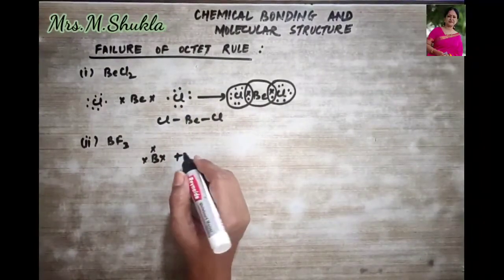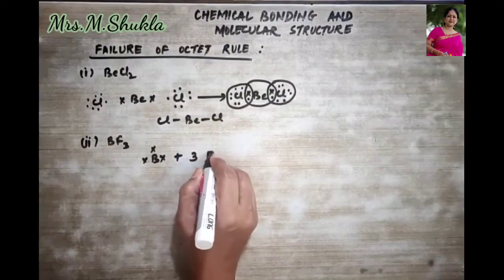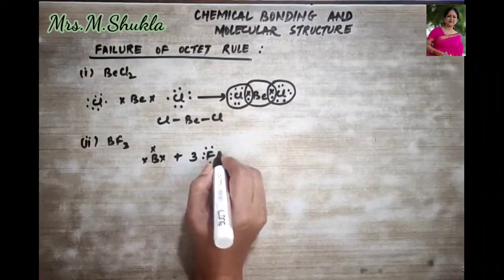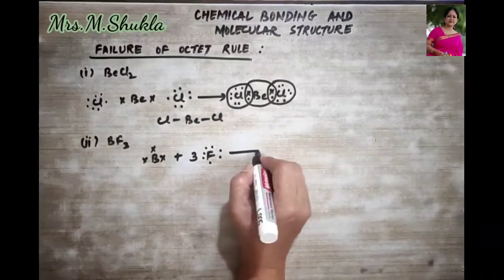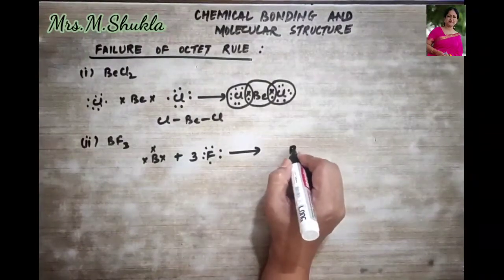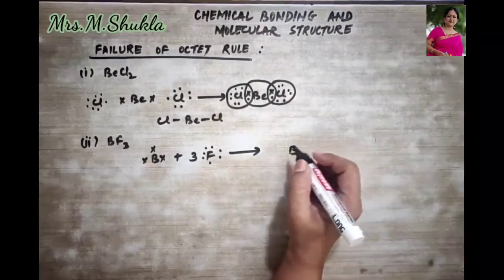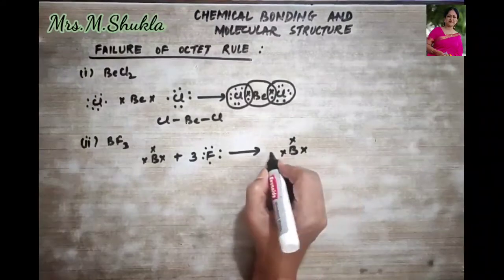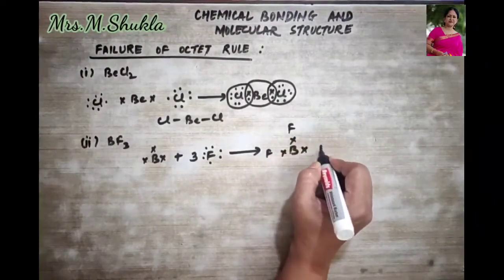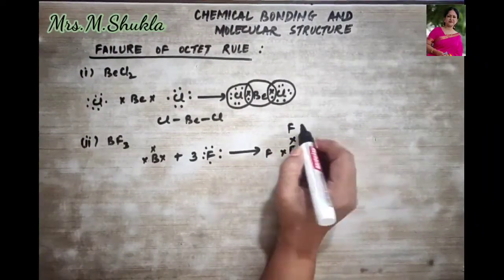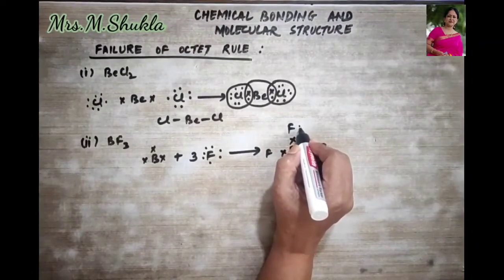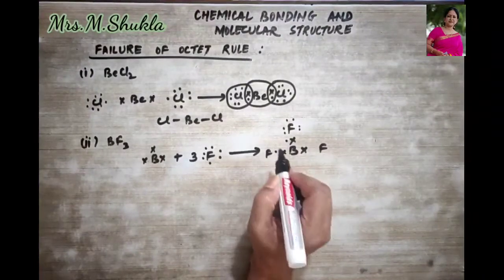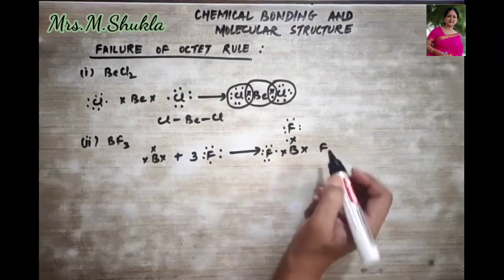I'm going to take a little shortcut method to explain this. It shows boron with 3 fluorine atoms around it.